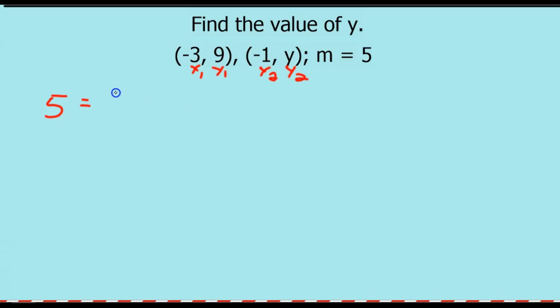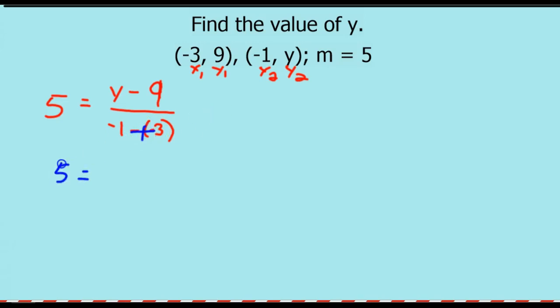So y2, we don't know what it is, so it's going to be y minus y1, which is 9. We also know that x2 is negative 1 minus a negative 3. 2 negatives in a row, I can make a positive.